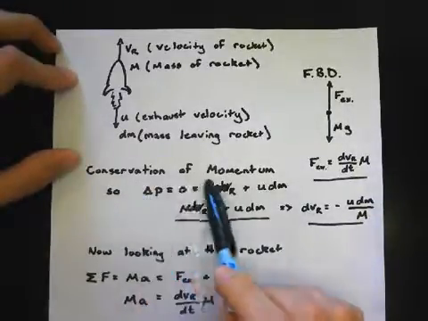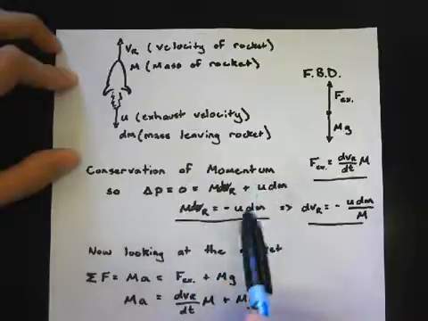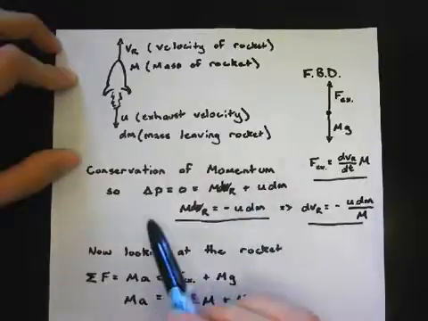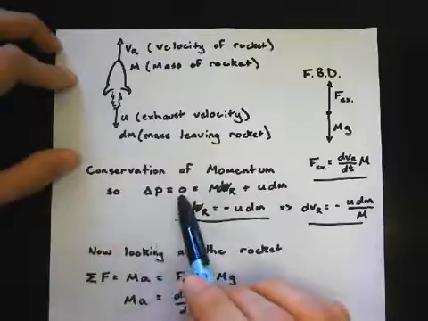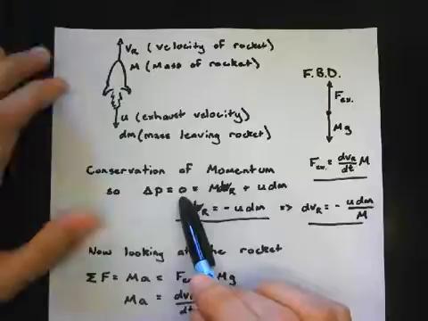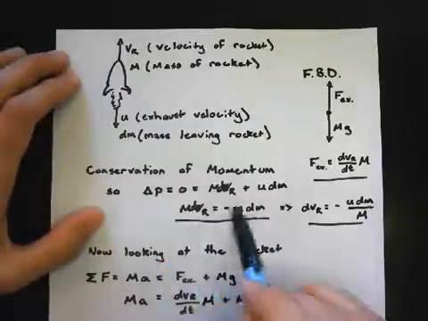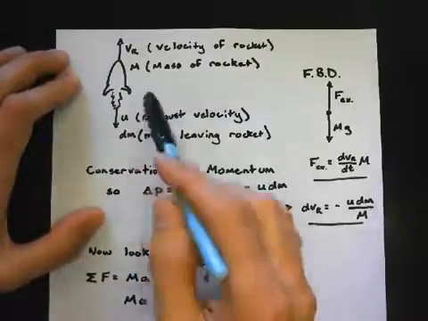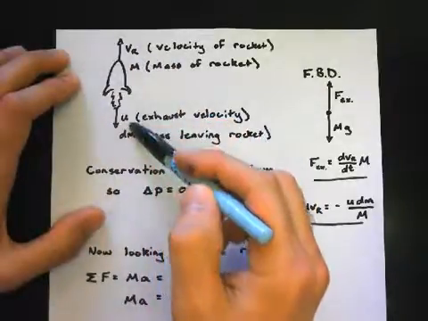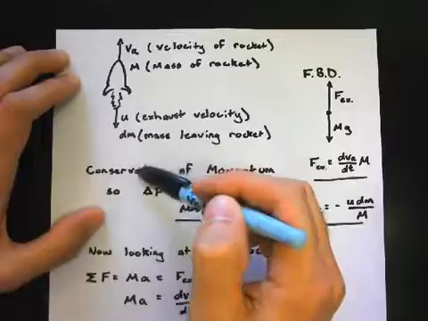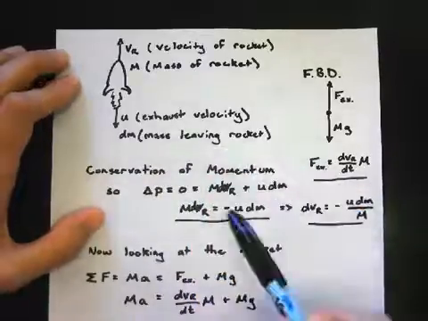Next, we're using the concept of conservation of momentum. So I have my change in momentum equals 0 at a given time. For this conservation of momentum to work, we're looking at this whole system, including the exhaust that's leaving and spewing out.